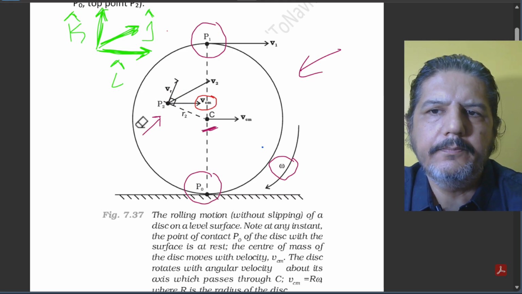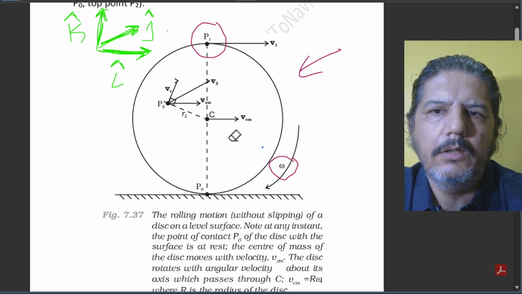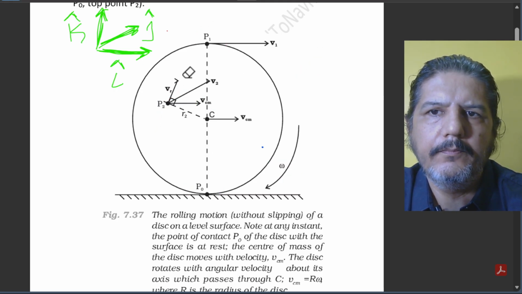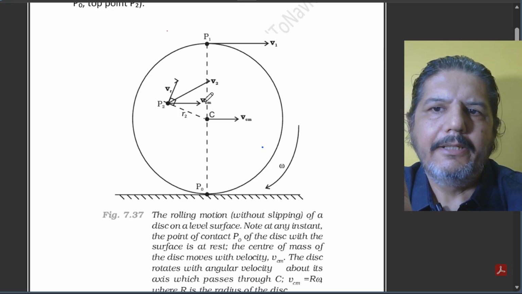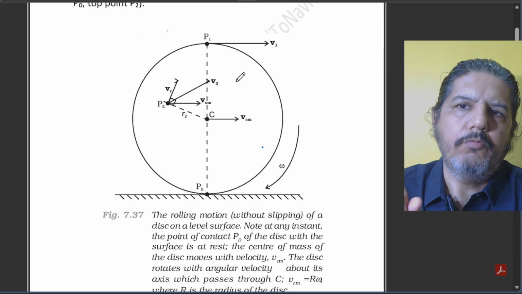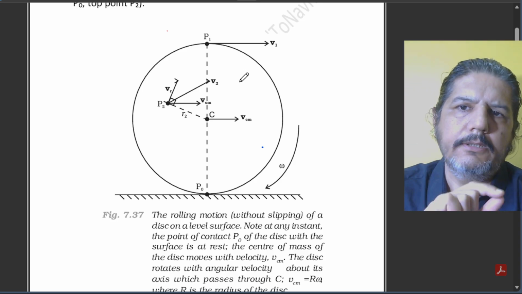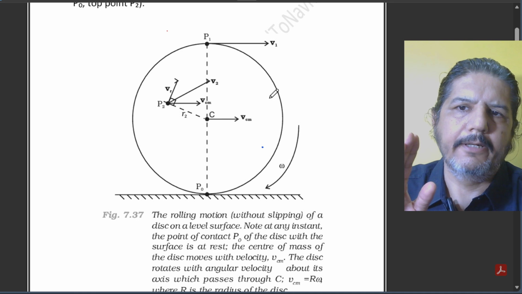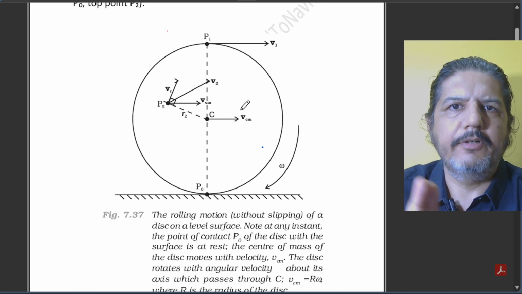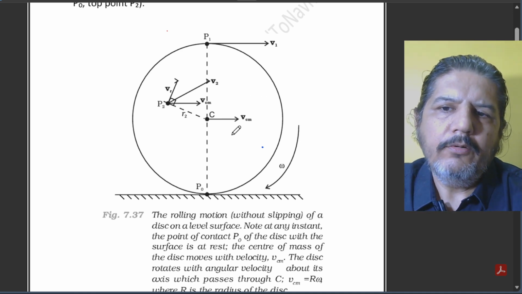This VCM part, for any point on the disk or the wheel, whatever you call it, would always be the same.